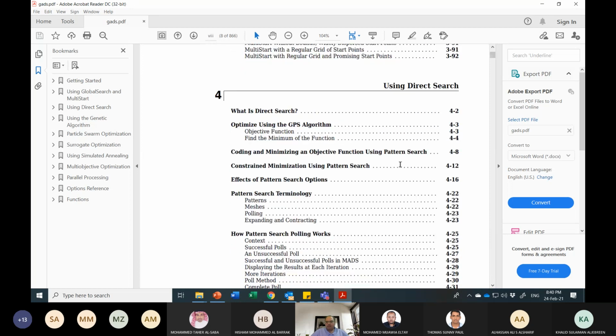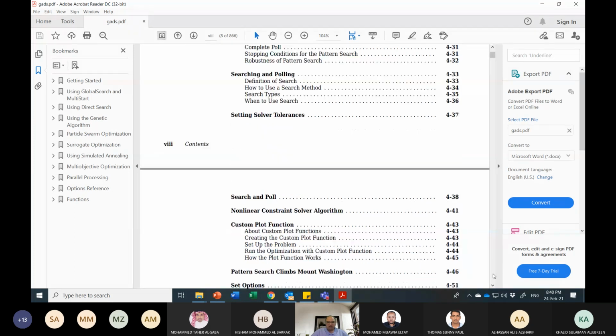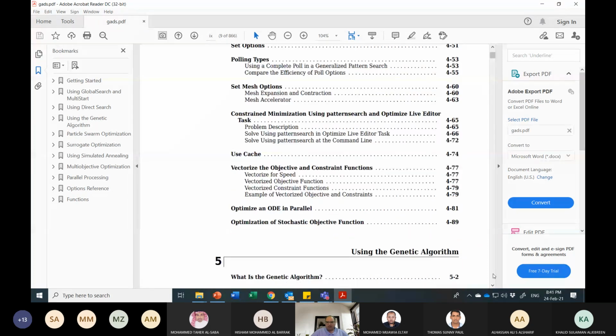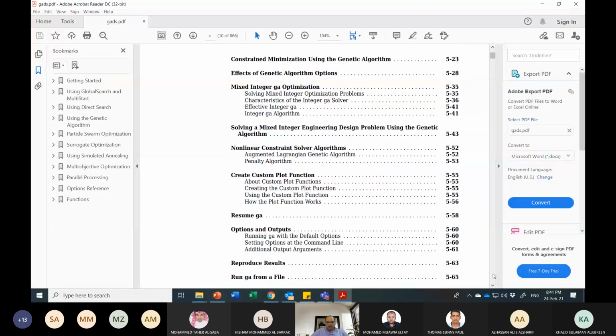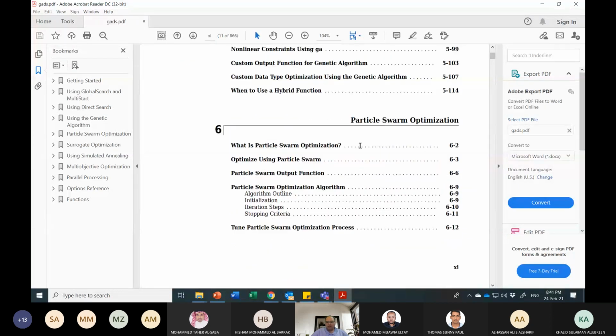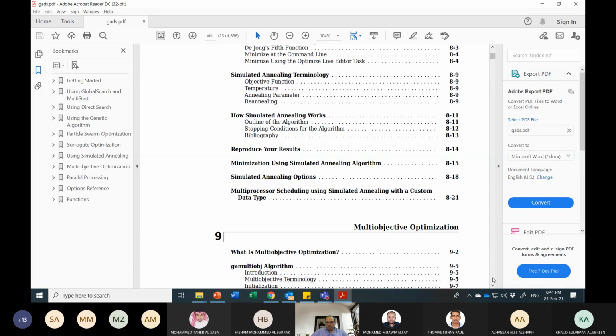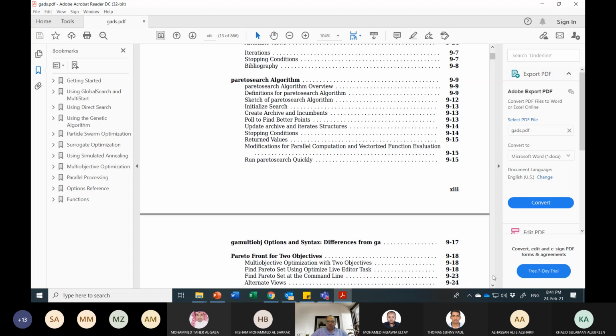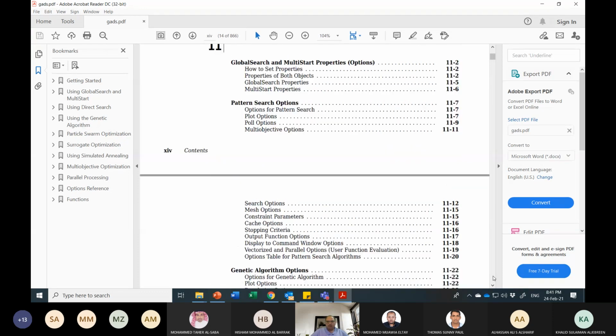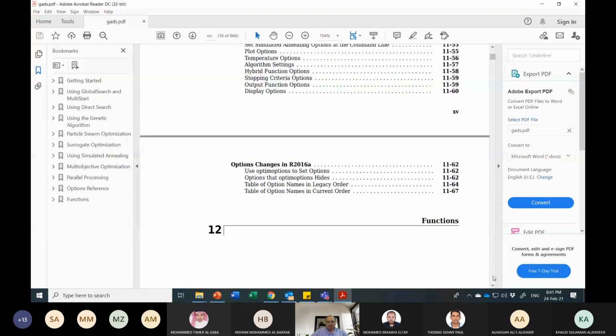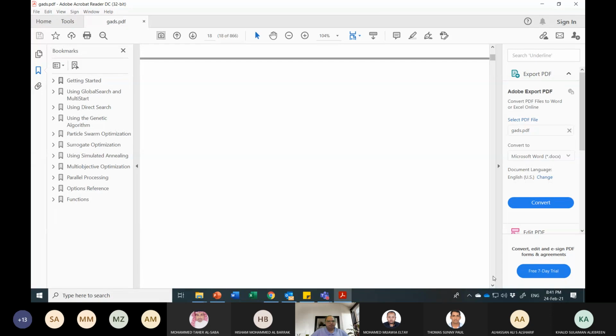The techniques: direct search technique, and you have a genetic algorithm. You can use also particle swarm, as we will see later on. You can have simulated annealing, and you have multi-objective optimization. Then you have different techniques here that you can implement.